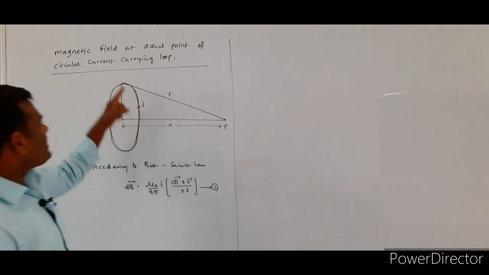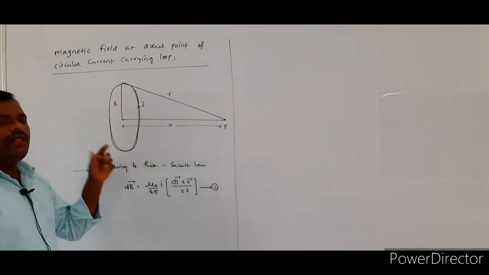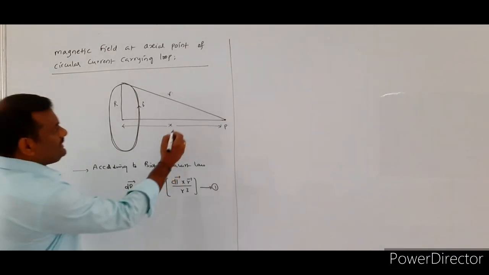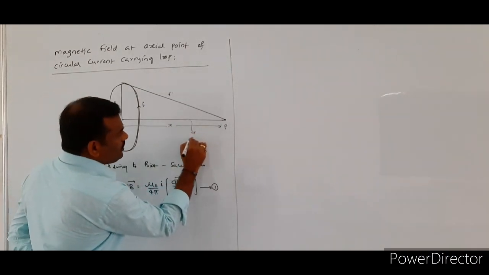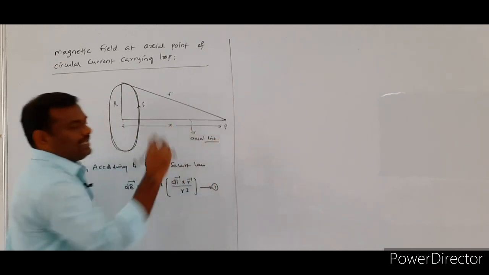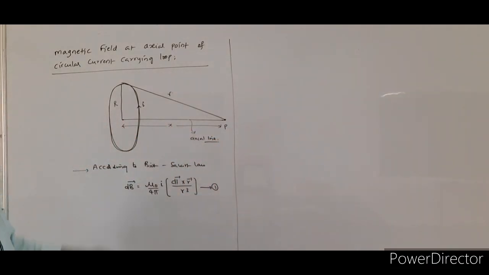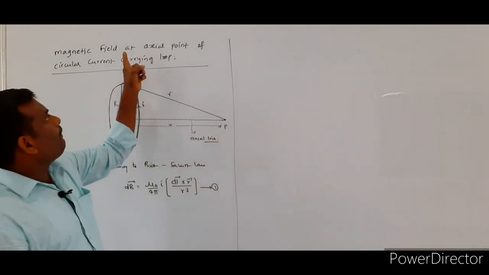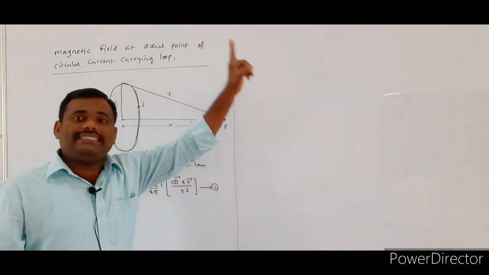If a circular current carrying loop is given, we have to consider an axial line. So we have to consider one axial line which is passing through its center. I want to calculate the magnetic field at the axial point.